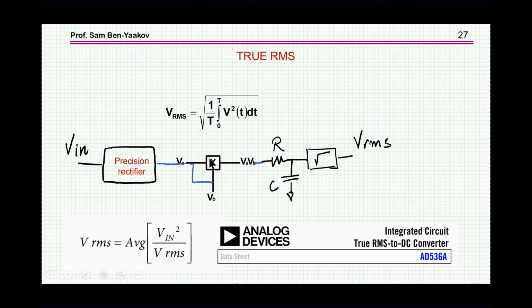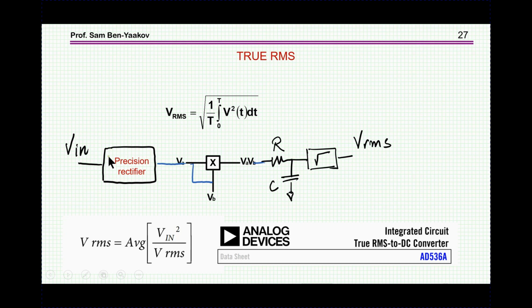And for that, you can do the following. You can take, first of all, a rectifier, so you'll have only positive voltages. Notice that the RMS of a positive voltage and of a negative voltage is the same. This is because you have V squared, so the same power in a positive or negative voltage.